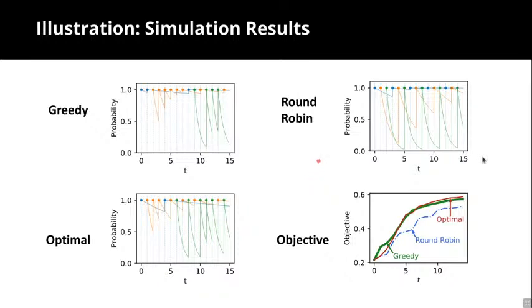We're testing different algorithms using different teaching policies. We show that with respect to the objective function, the greedy algorithm performs pretty close to the optimal algorithm, which we run by exhaustive search. And round robin, which doesn't take adaptivity into account, performs not as well, evaluated by the objective function, which is the area under the curve.